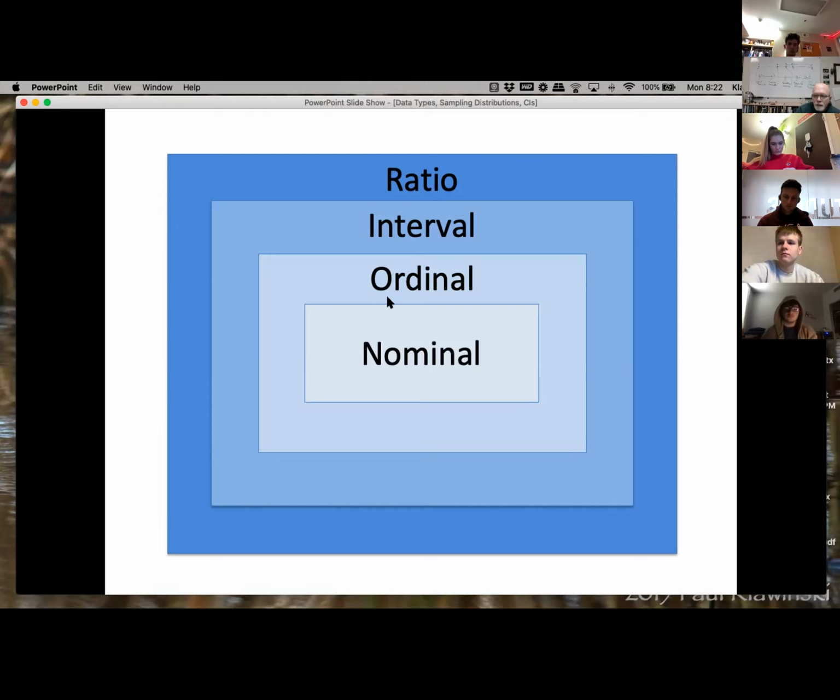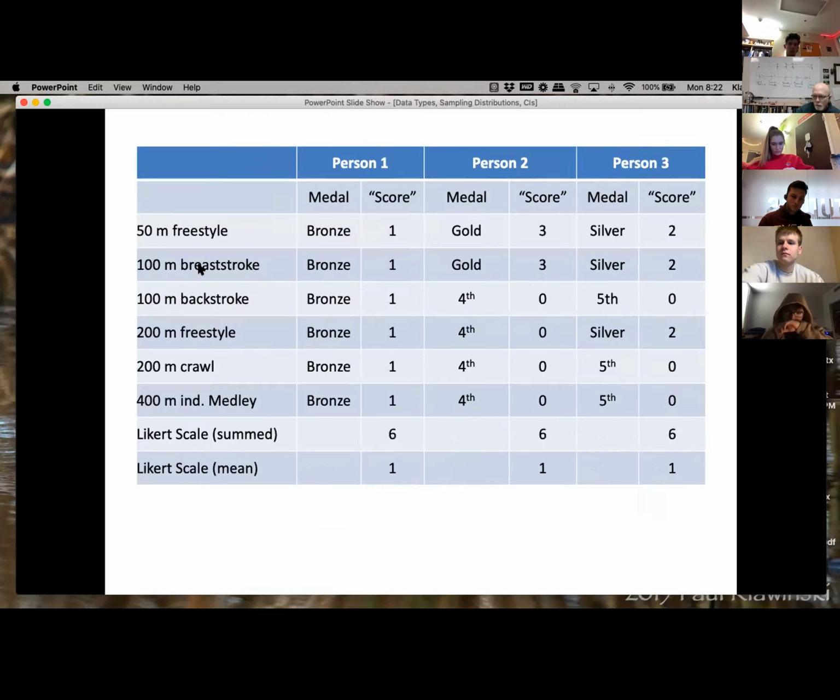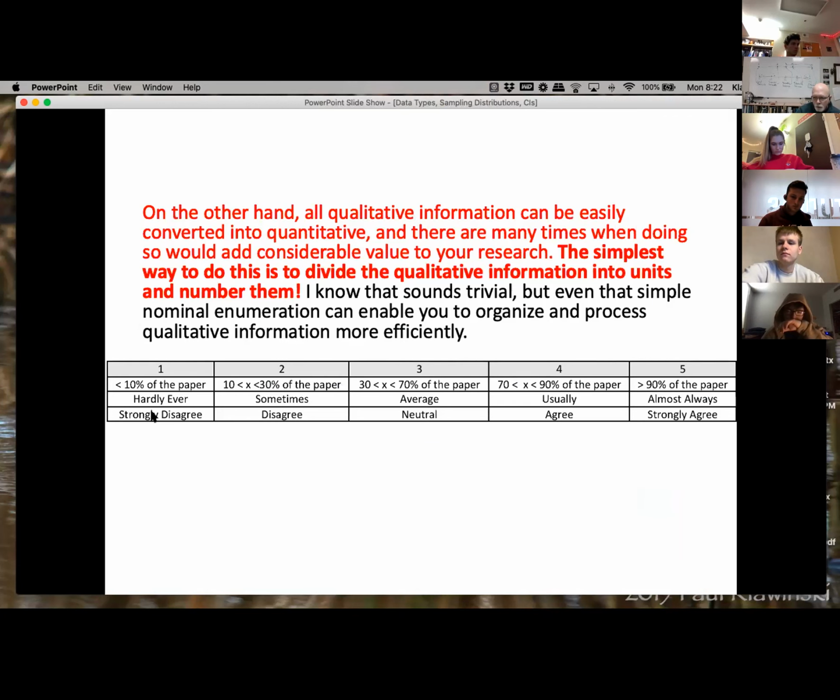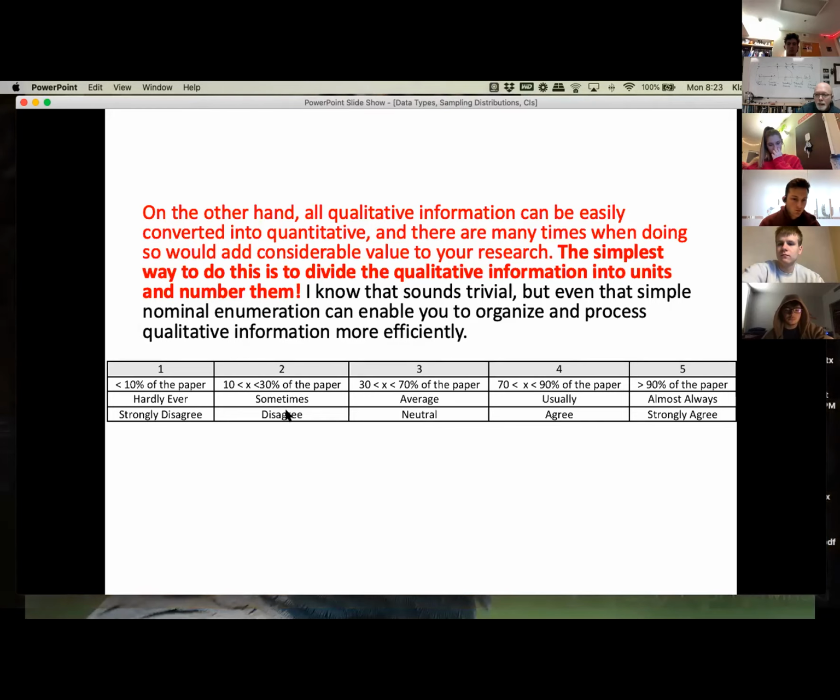In the same way, you can't take ordinal data, things like strongly disagree, disagree, neutral, agree, and strongly agree, and convert them into interval level data unless you can be sure that strongly disagree and disagree are the same distance apart on the interval scale as disagree is from neutral.